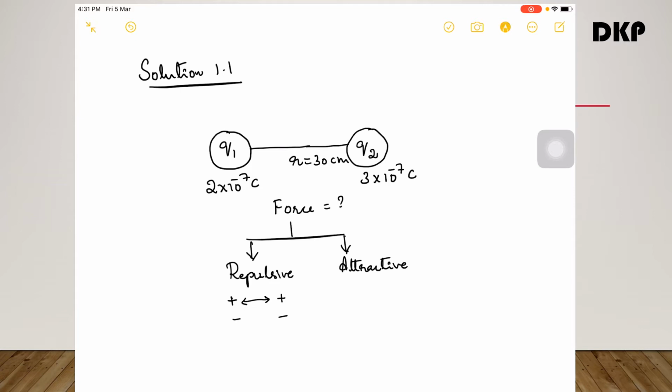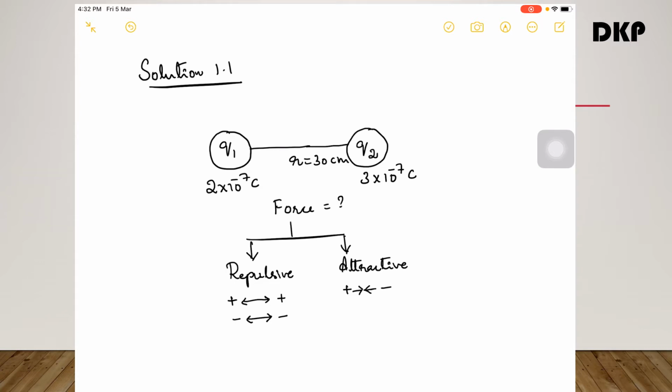Similarly, when negative and negative come closer, they will repel each other. This force is called repulsive force. Attractive force means when a positive charge comes closer to a negative charge, these charges will attract each other. This is called attractive force.